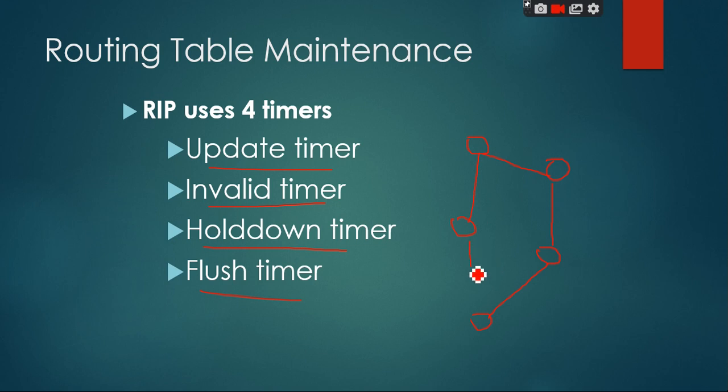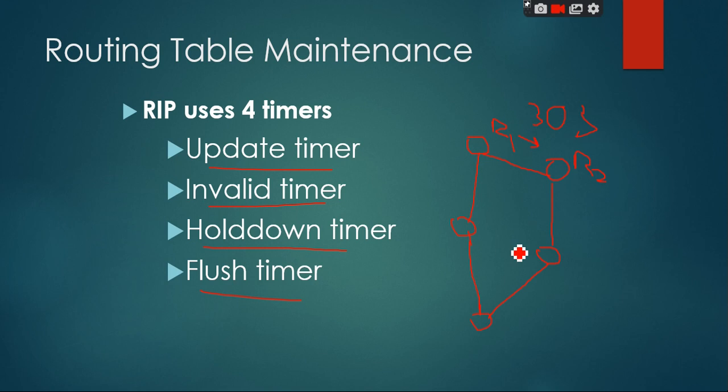If this is R1 and this is R2, R1 will send the routing update every 30 seconds to R2, and R2 also will send this to R3 every 30 seconds and back to R1 as well. So likewise, each and every router will send their entire routing table every 30 seconds.